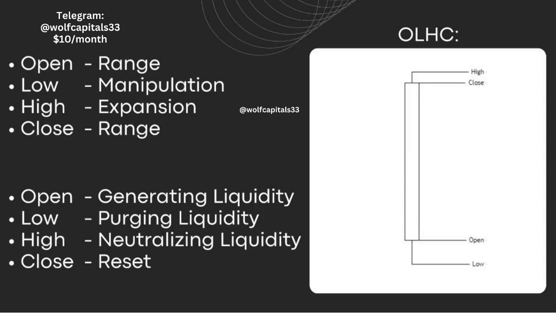And for the first half of the day or the first quarter of the day, it literally ranges, and it does that to generate liquidity or to generate open interest, right?